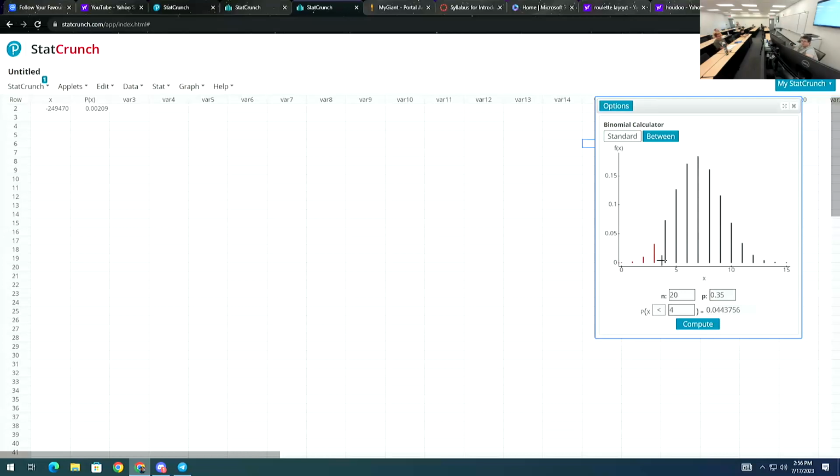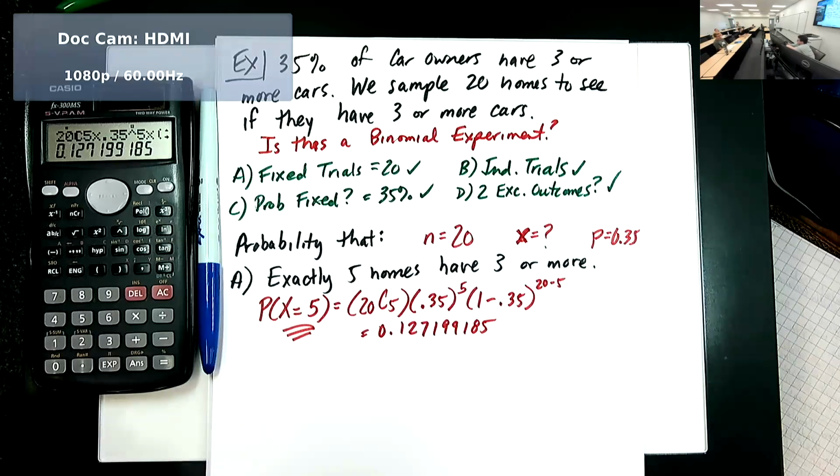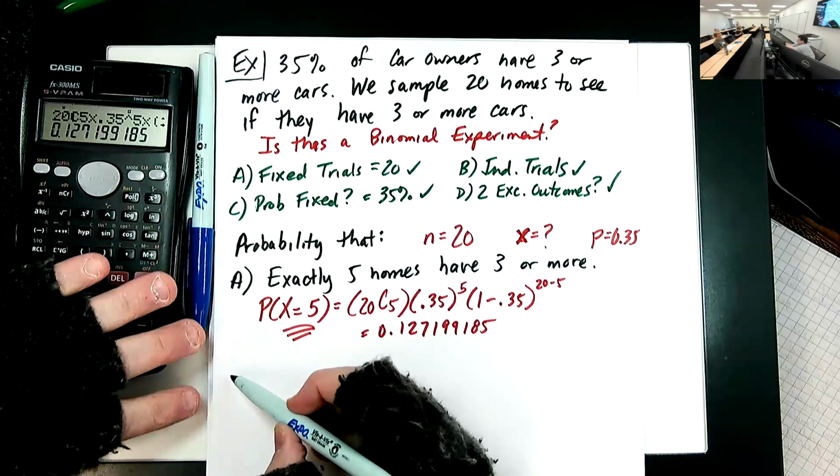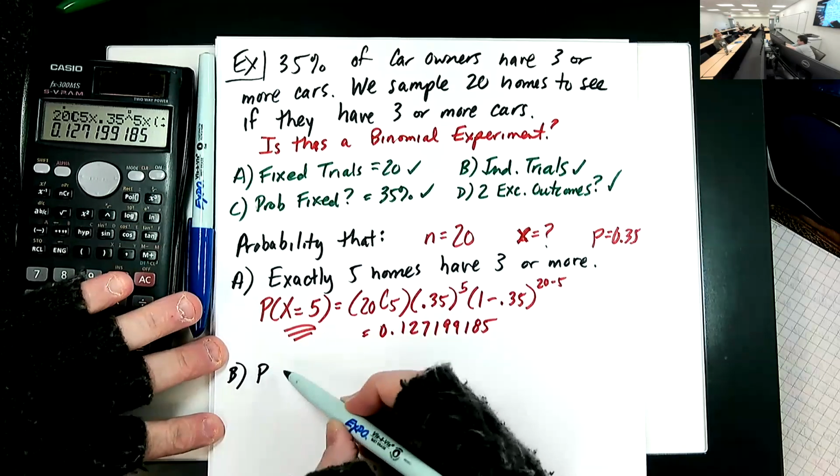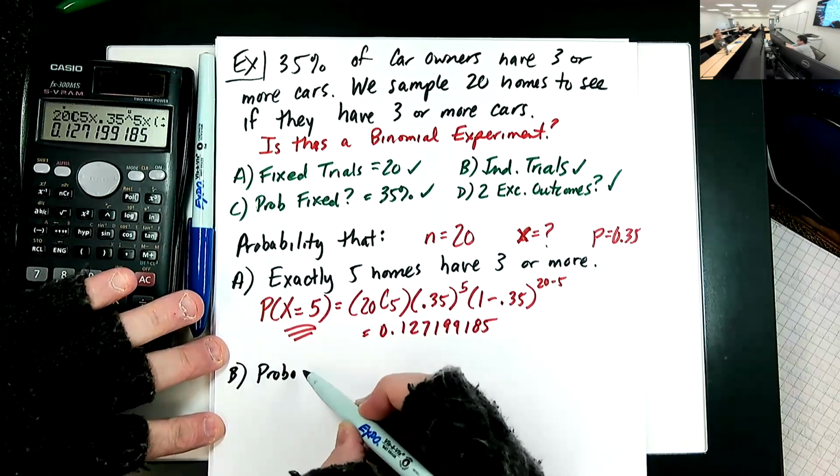I'm going to write what I see here down over here. So B will be the probability of less than 4 homes.